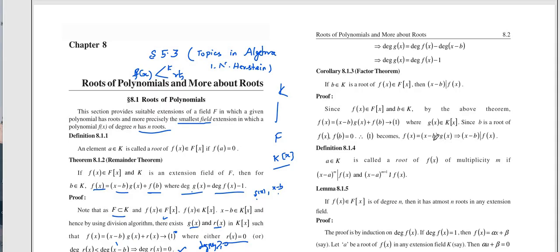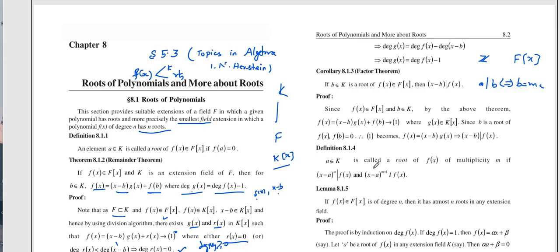Because we know that even in integers, a divides b means, this is the definition, b must be equal to an integer times a. So the same thing, we have already said that you can compare your Z with F[x], polynomials with integers. To remember all the results in Z is very simple, and that can be carried over to F[x]. So based on that, you have (x - b) dividing f(x), and this is called a factor.